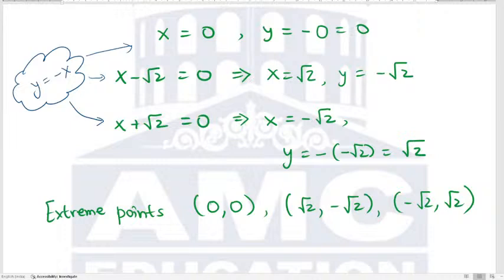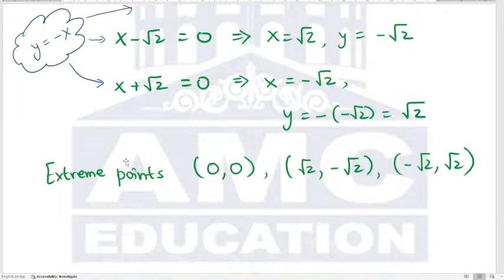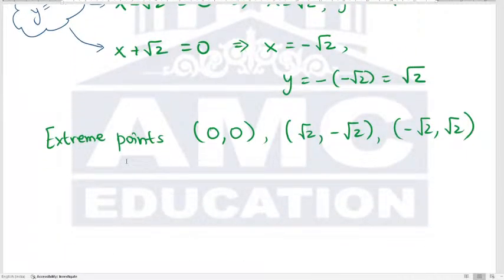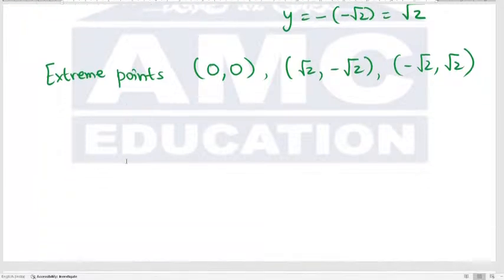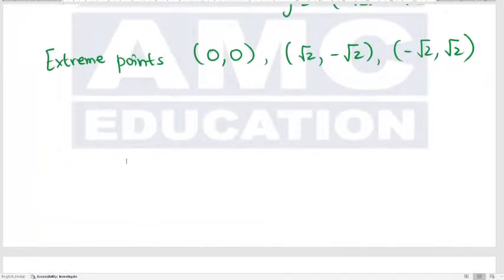So these are the three extreme points we have obtained from this equation. Now let's find out what are the values of R, S, and T. We'll find out the value of R, S, and T at each of these extreme points.